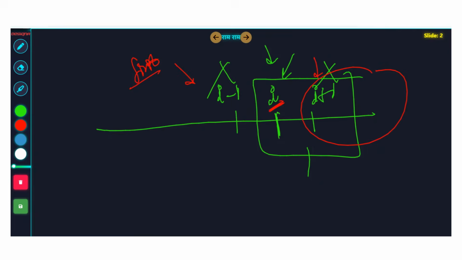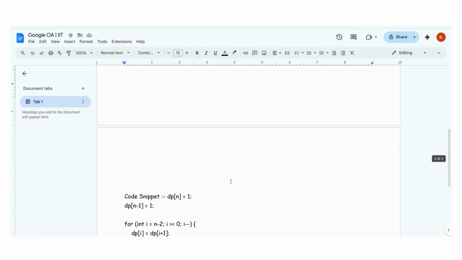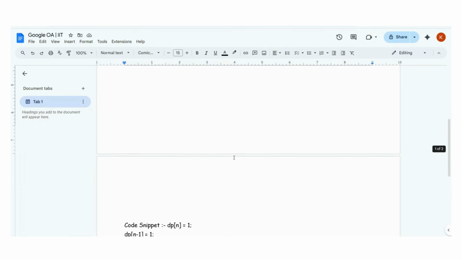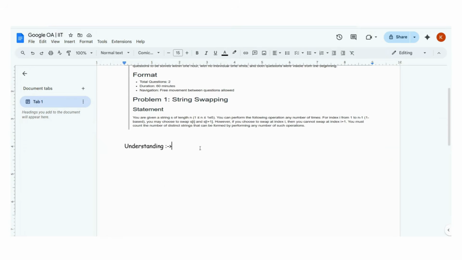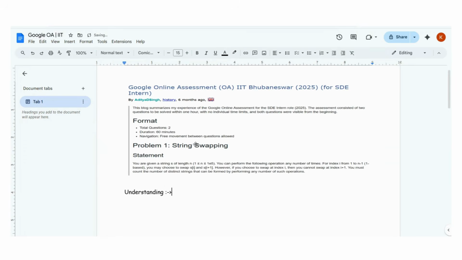So if I try to make the understanding of the problem easier for you, the thing will be very easy. Let me just go a little bit up, need to generate some space for you people. Okay, so guys, the understanding is simple. Given a string, select some non-overlapping blocks of size 2 and swap the characters in them.